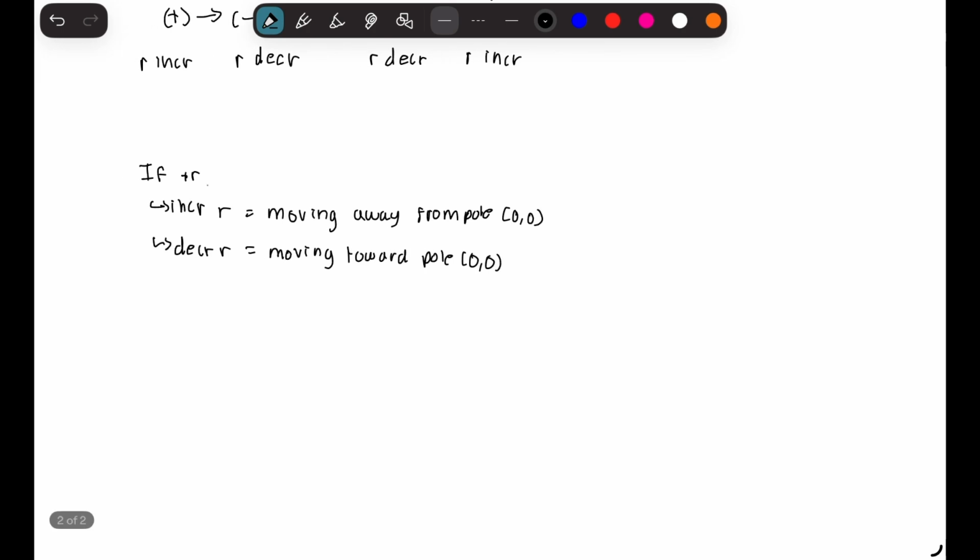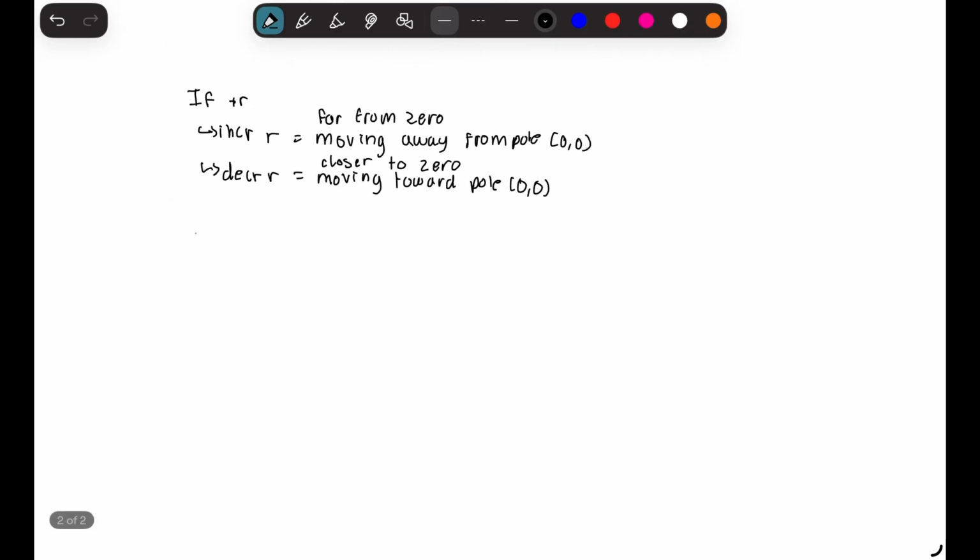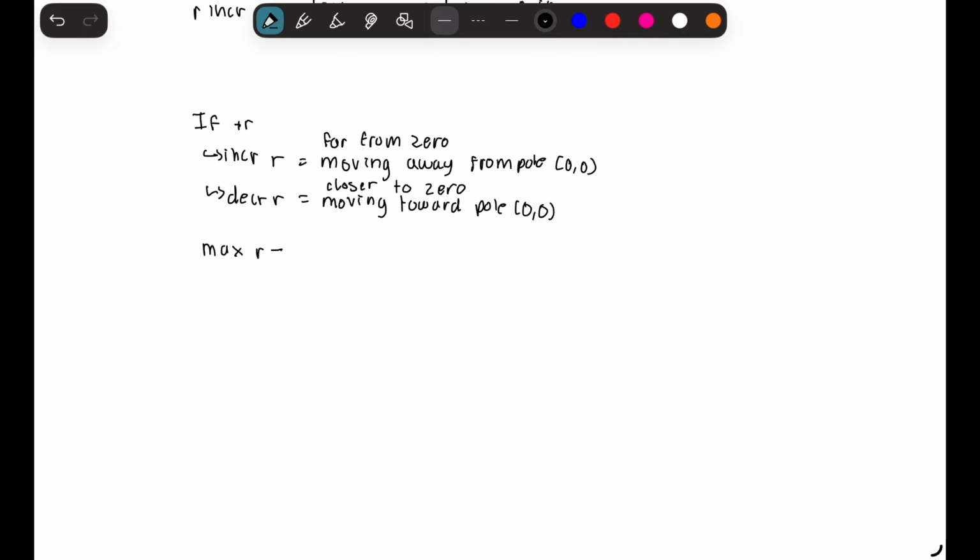So if r is increasing, it's going farther from 0, but when r is decreasing, it's getting closer to 0. Remember, the max r is the farthest distance locally, and the minimum r is the closest distance locally.